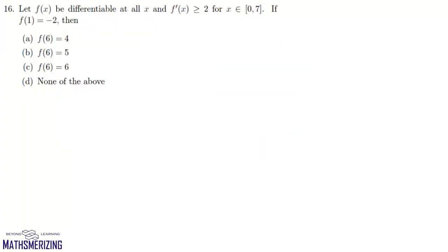Now question number 16 is, let f(x) be differentiable at all x and let f dash x be greater than or equal to 2. Then if f(1) is equal to minus 2, which of the following is true about f(6)? Now using Lagrange's mean value theorem, we can write (f(6) minus f(1)) upon (6 minus 1) will be equal to some f dash c, and we know that f dash x is greater than or equal to 2.